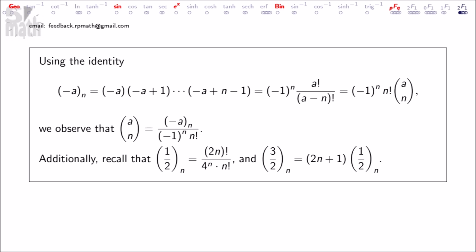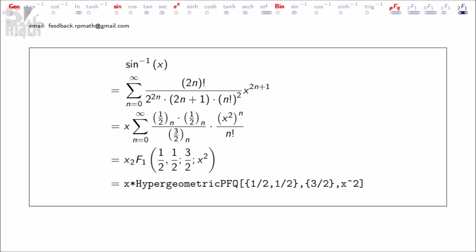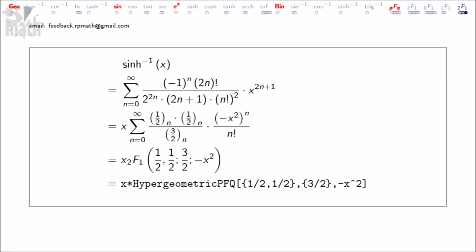Additionally, we will call this. 1 plus x to the power a. Inverse sine. Inverse cosine. Inverse hyperbolic sine.